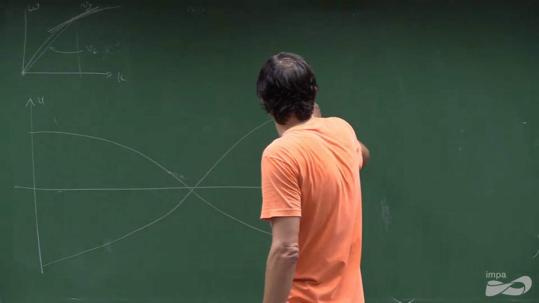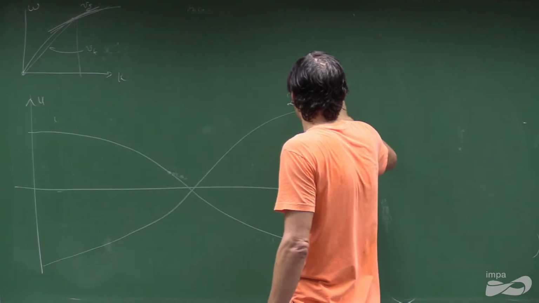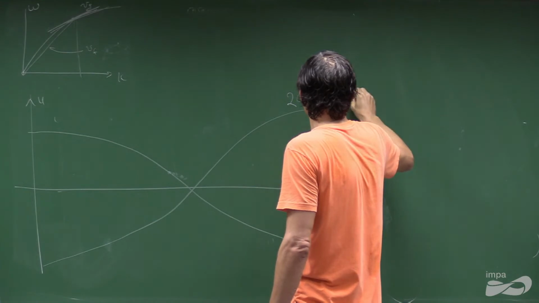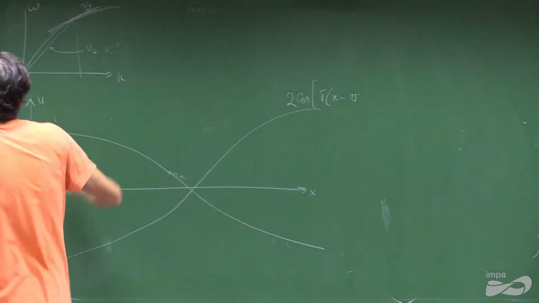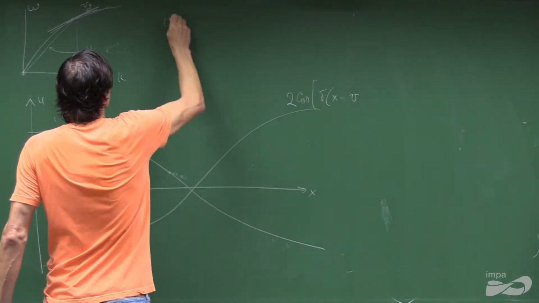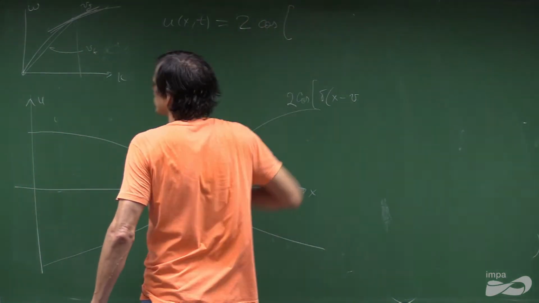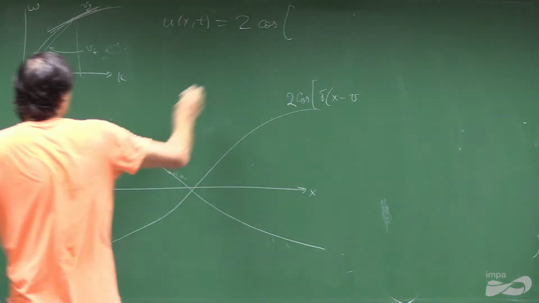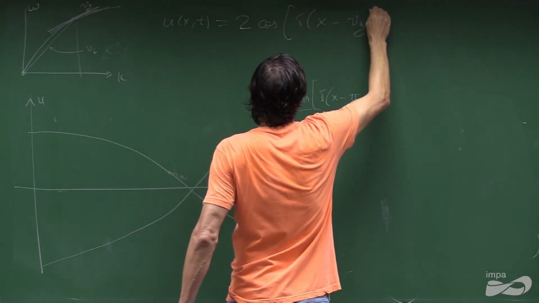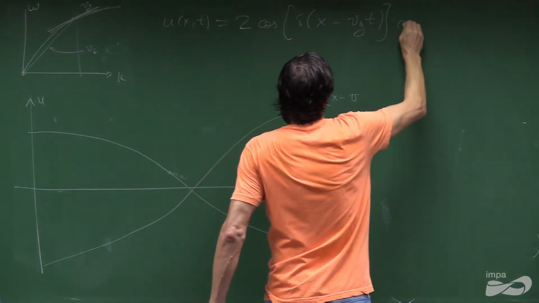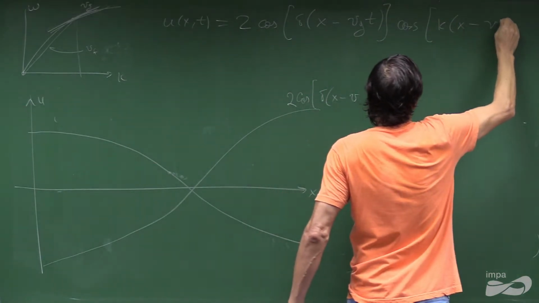So what I plotted is 2 times cosine delta x minus... Well, let's rewrite the function. So we have u of x,t equal to 2 times cosine, and I will put first the cosine of delta x minus group speed t, and another cosine, k x minus phase speed t.